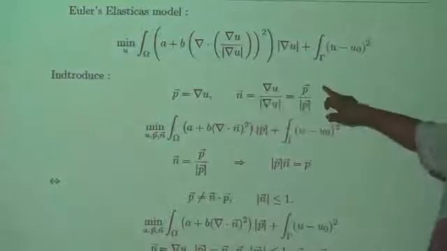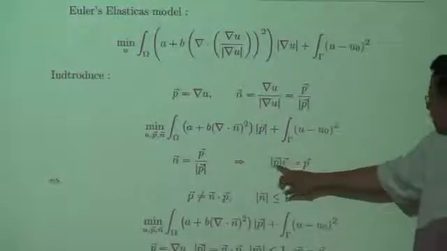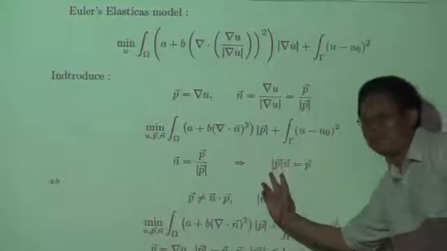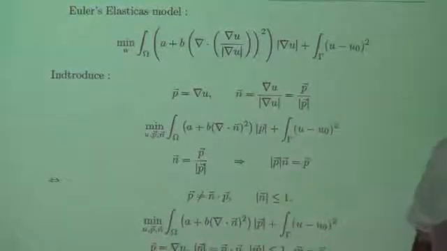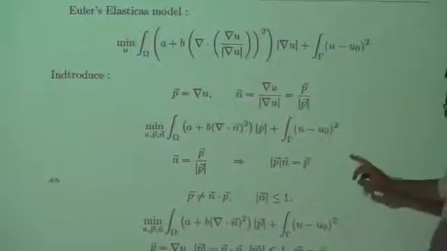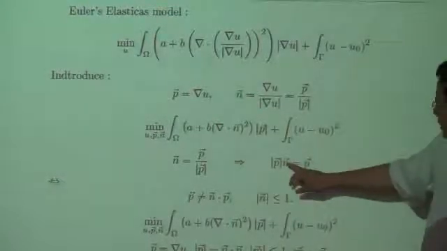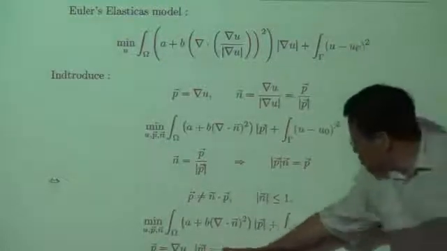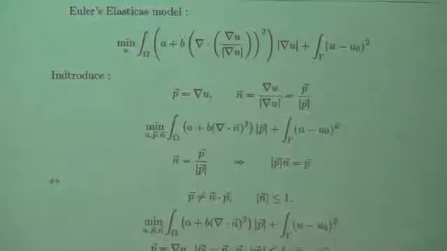How do you deal with this constraint? You just multiply n here, but then you have two terms multiplied together, which is not pleasant. But then we did a trick: this one is equivalent to this one plus this one. Let's quickly explain.